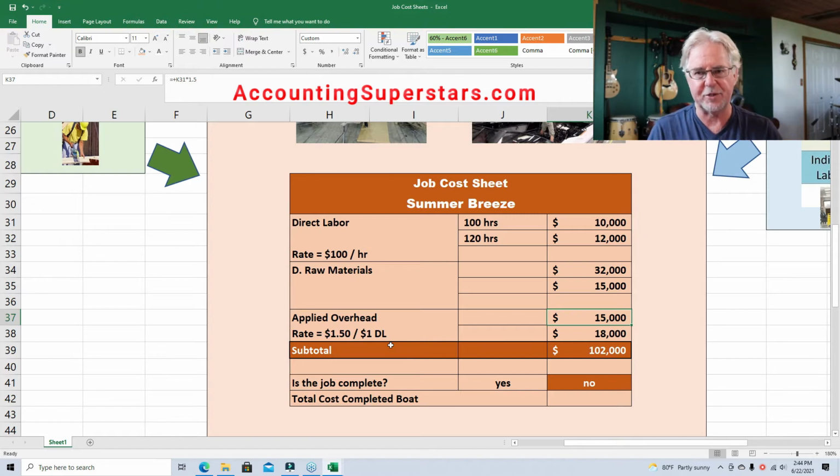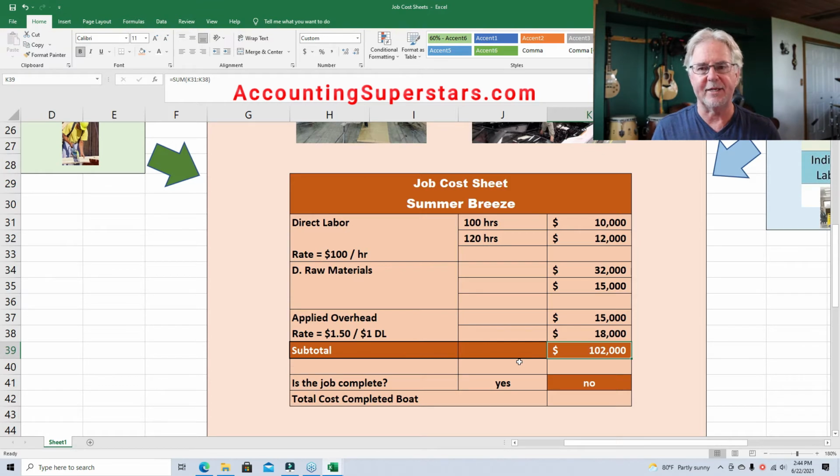So all the manufacturing costs in a factory at this point in time are not expensed. They're not expensed, but they're part of inventory. And they won't be expensed until the sailboats, in this case, are sold. So Summer Breeze, if you add up all the costs that have been applied to Summer Breeze, all the labor, raw materials, and the overhead, it adds up to $102,000.